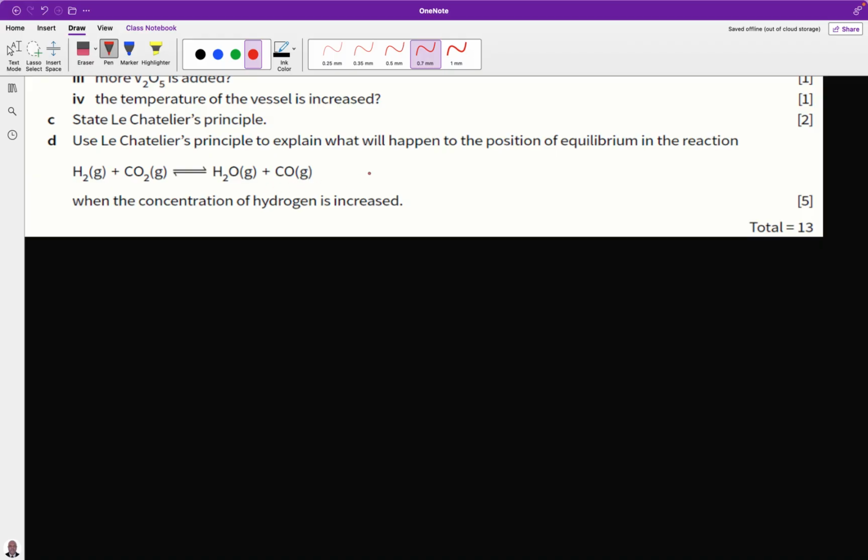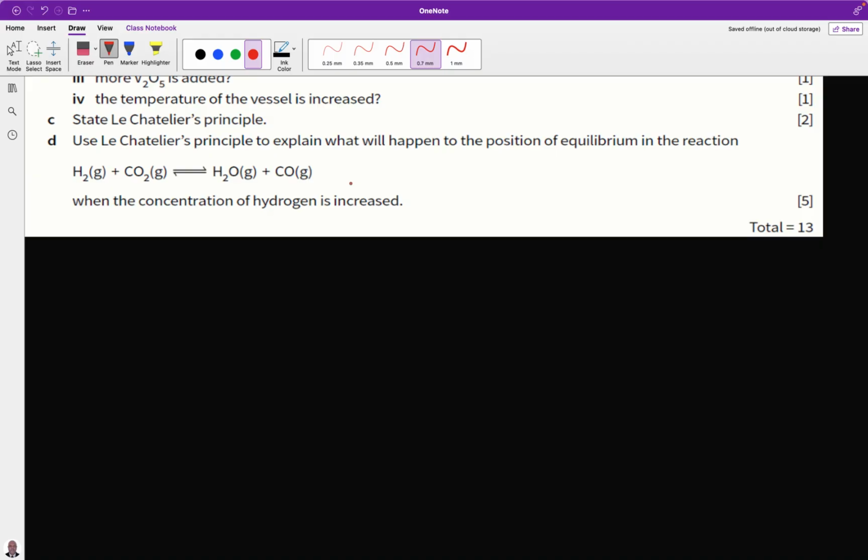What will happen to the position of equilibrium in this reaction when the concentration of hydrogen is increased? Of course, for gaseous molecules, we have two here and two here, two molecules on each side. That has no influence.